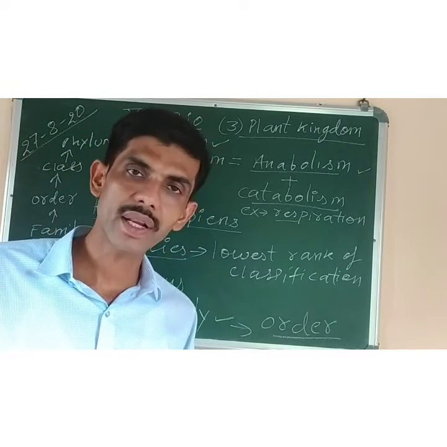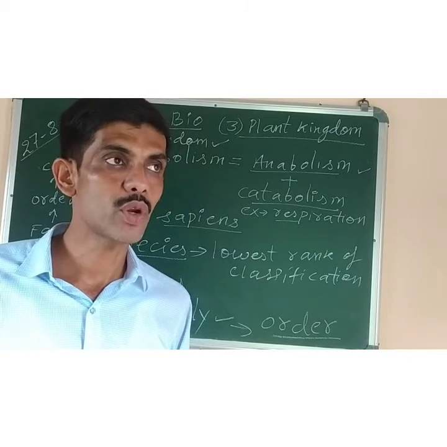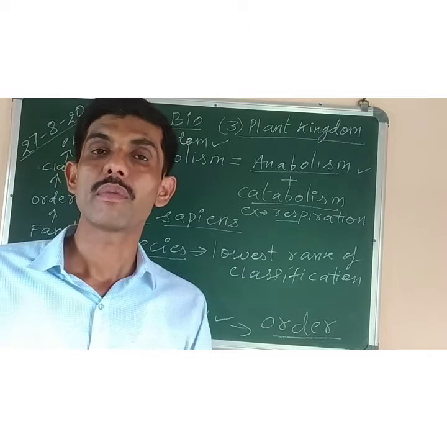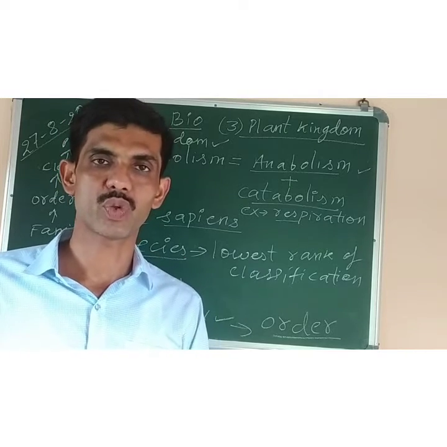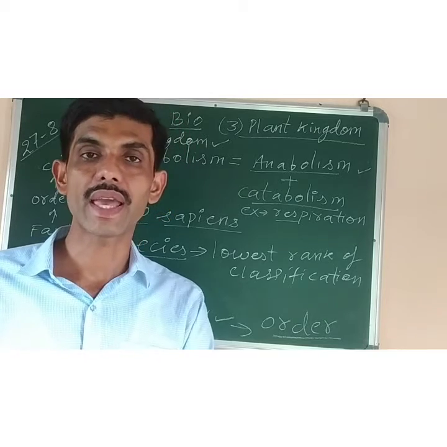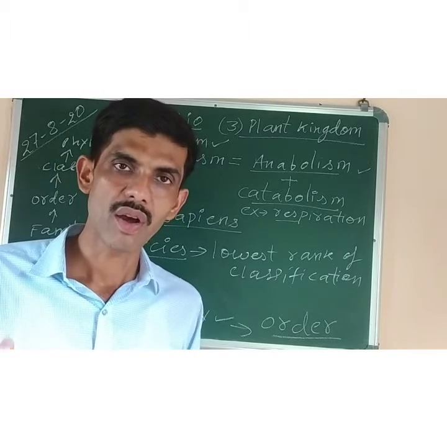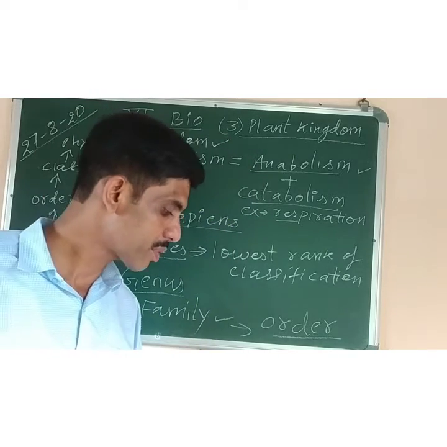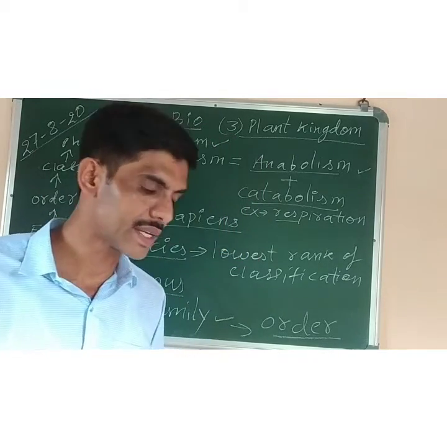Then we have the plant kingdom and animalia kingdom. Already we know that plants are autotrophic, they can prepare their own food by the process of photosynthesis, whereas animals are heterotrophic. Plants have a cell wall, whereas in animal cells there is no such cell wall, only the cell membrane is present. Okay. Now next we have to study kingdom Monera in detail.